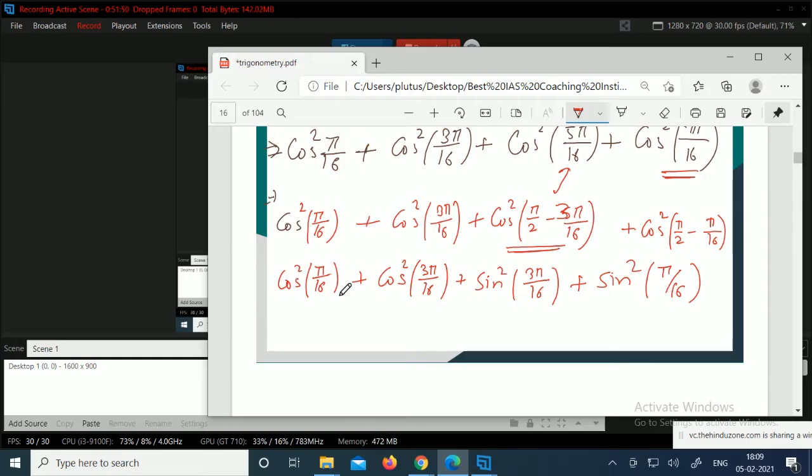So if I club these, this is an identity, sine square plus cos square. Again here this is an identity. So I can say 1 plus 1, the value is 2. Are you getting this?